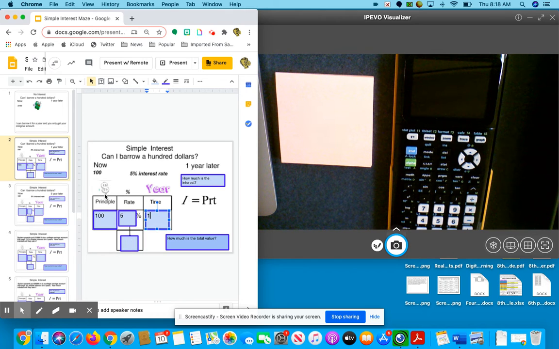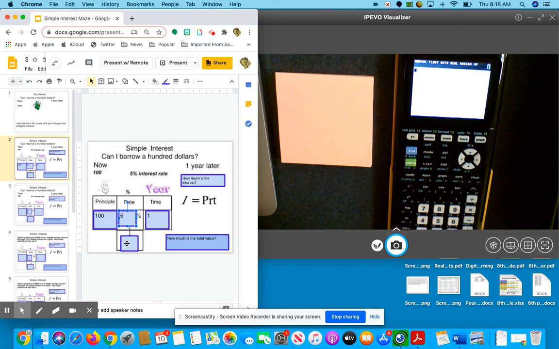When you're dealing with interest, you need to know the principal, which is your money, your rate, which is your percentage, and your time, which is in years, okay? This is why I put this box underneath here, because our percentages need to be converted to decimals.